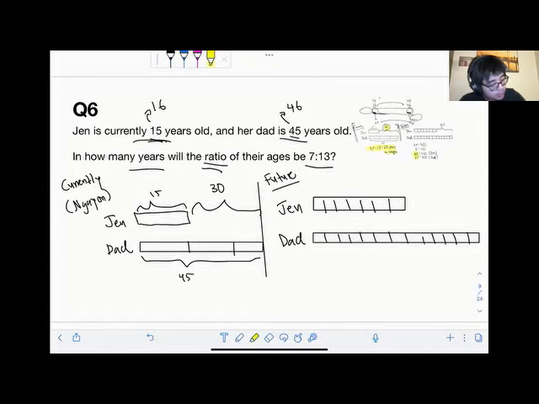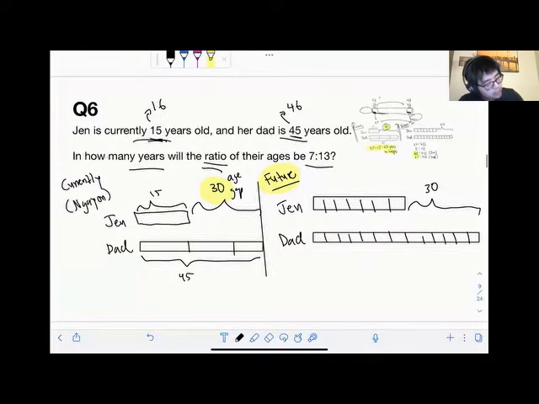So ibig sabihin, yung age gap po na to, age gap na 30, kahit sa future, yung difference ng ages nila 30 pa rin. No? So 15, 45, 16, 46, 30 pa rin. 17, 47 sa susunod na taon, 30 pa rin yung pagitan nila. So lagi pong 30 yung difference ni Jen at saka kay dad.